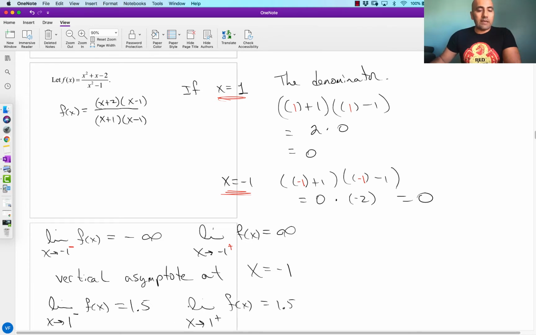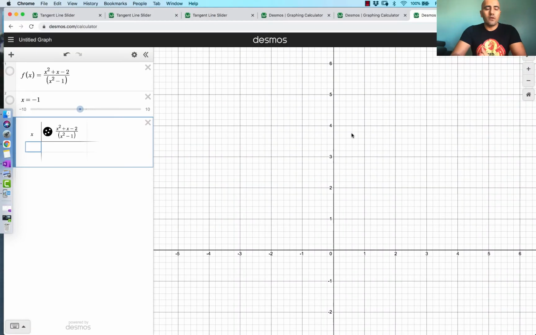And so because both the left-hand limit and the right-hand limit exist, and they both equal the same thing, I could just say the unrestricted limit exists. The limit as x approaches 1, no restrictions, left or right, of f of x is just going to be equal to 1.5. Okay, once again, let's explore this with Desmos.